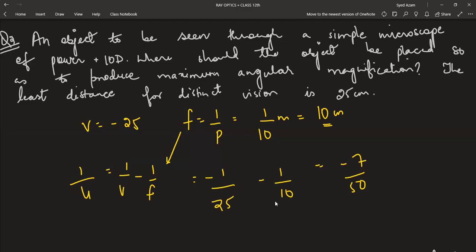Yes, this is 7 by 50. 2 and 5, yes. So the object distance will be minus 50 by 7, which is equal to minus 7.1 centimeters. Okay, please write this. Is it clear to all of you? Yes, ma'am. Use this formula. Okay, write it.